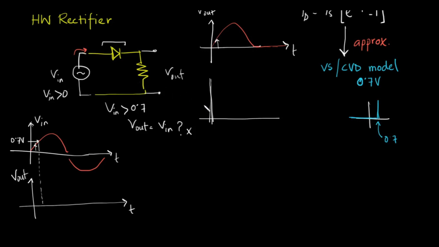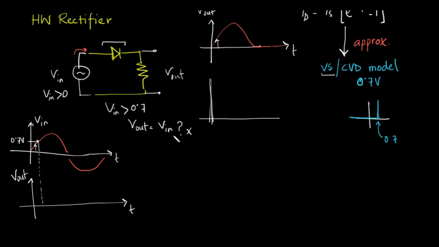When an ideal diode turned on, it represented a complete short circuit, and there was no voltage drop across the diode. But when a real diode turns on, if we are using this voltage source model, there will be a voltage drop across the diode. What is the amount of voltage drop? Well, the amount of voltage drop is 0.7 volt.